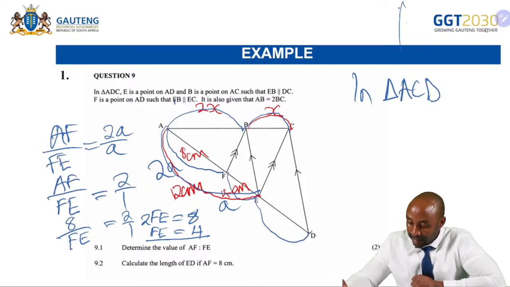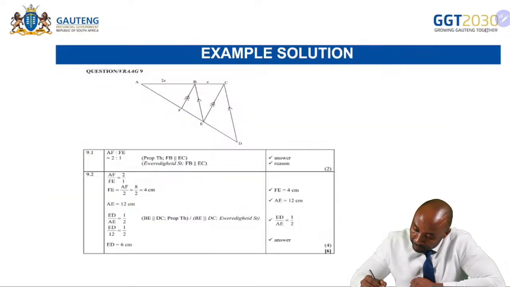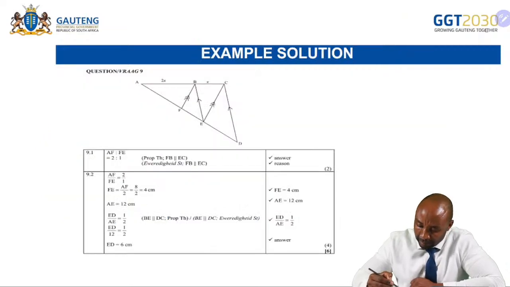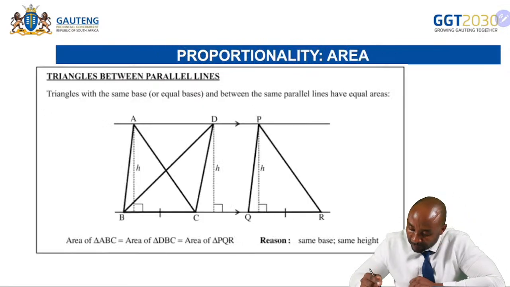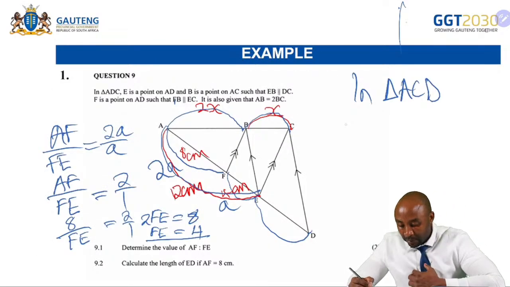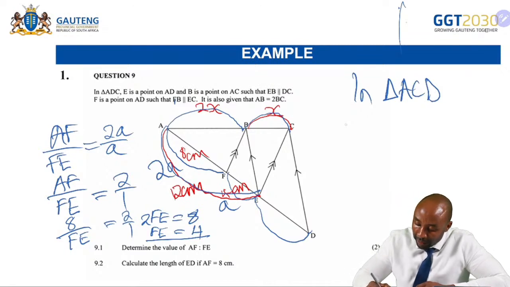My solution is set. So in my next step, I would say in triangle ACD, please identify the triangle that can help you get to your solution. So my first step will be to identify the ratio that will be able to give me ED as part of the unknowns.